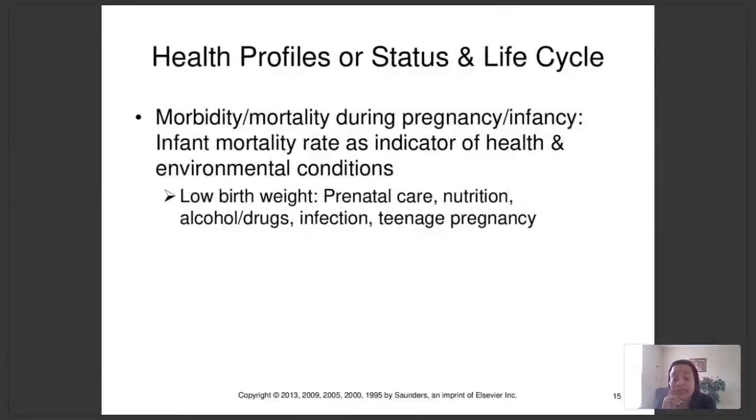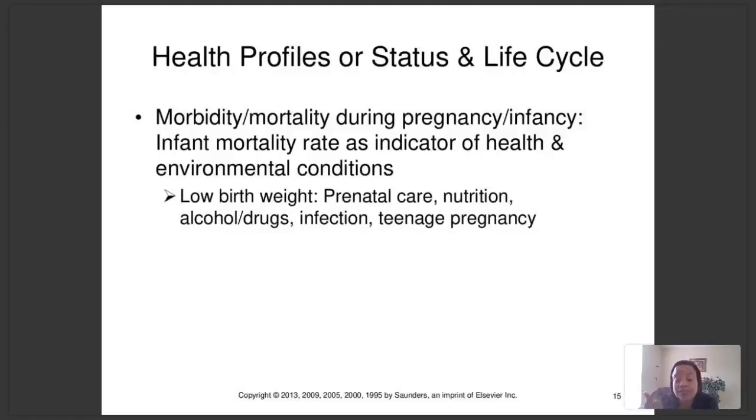Health profiles or status and life cycle are things that you want to pay attention to as well. Remember when I stated a little earlier that when you are looking at some of your vital statistics, the morbidity, mortality, you want to pay attention to not just the broad terminology, but how it's broken down.